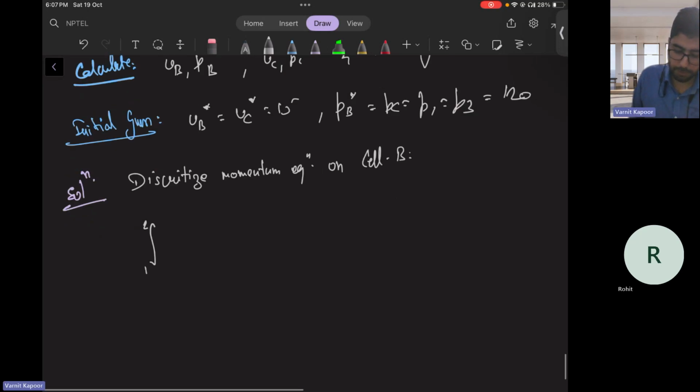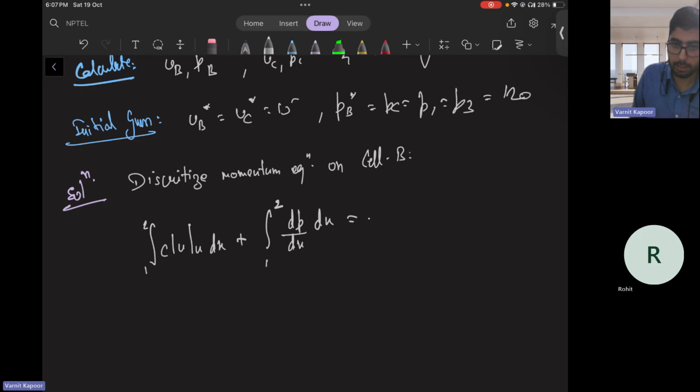So from 1 to 2, C mod U dx plus integral from 1 to 2 of dp by dx dx equal to 0.